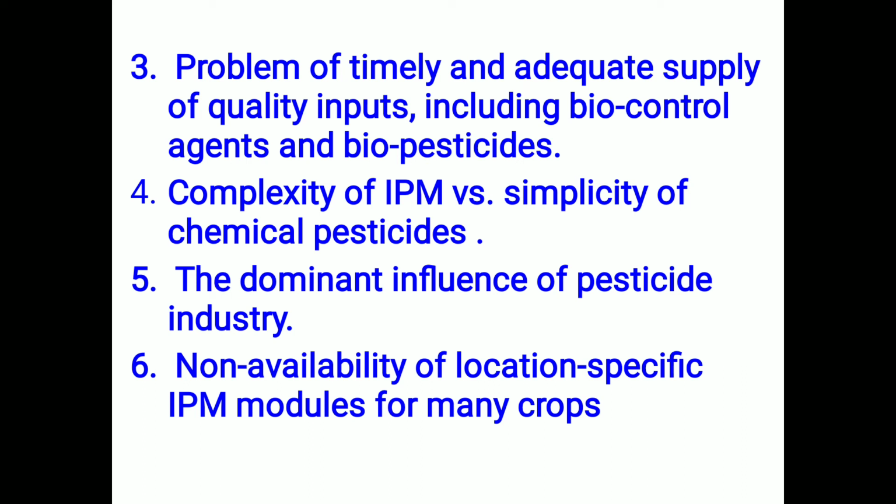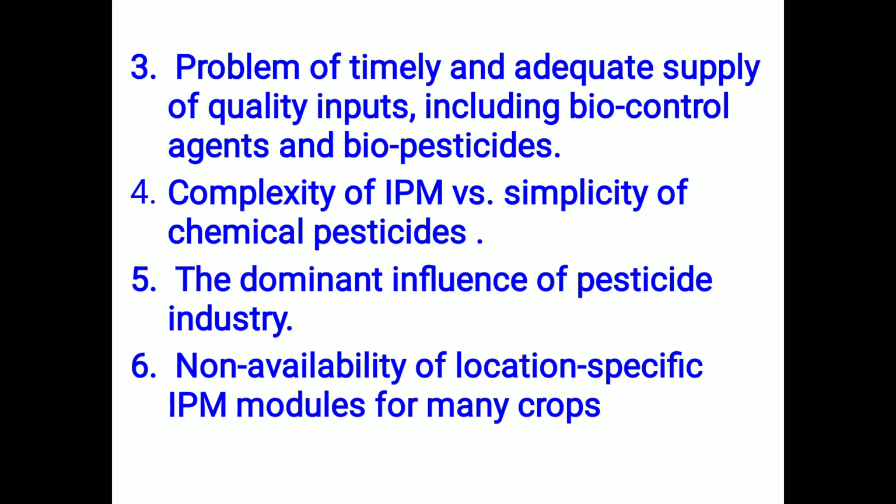Next obstacle is the complexity of IPM versus the simplicity of chemical pesticides. That means, once we identify the pest and apply the suitable or appropriate chemicals to kill it, a quick result is obtained within a few days if we use chemical pesticides.